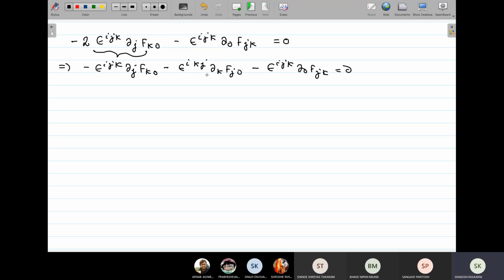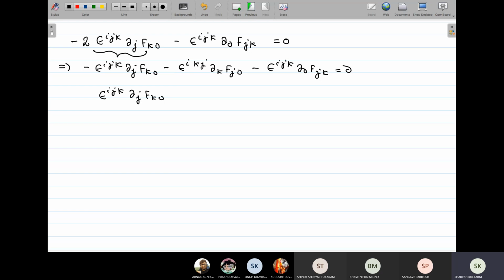But this term I will now use the antisymmetry property of epsilon_ijk. I will write this equation as epsilon_ijk ∂_j F_k0, plus.